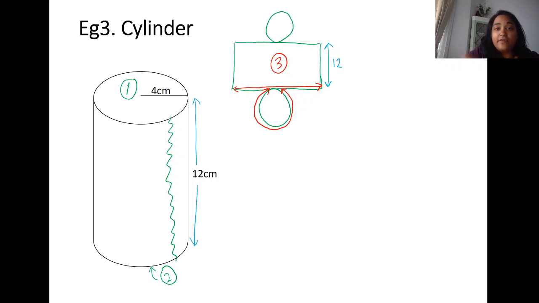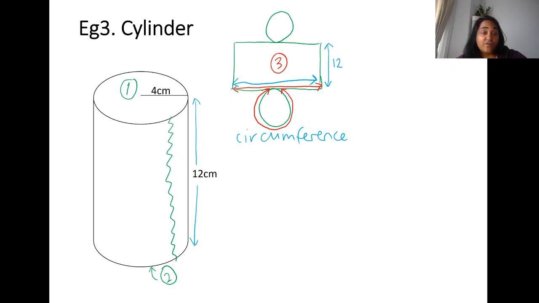Now the length of this part is what we need to think carefully about. If it's going to wrap around that circle, what's another name for the length that wraps around a circle? That length is going to be the circumference of the circle.